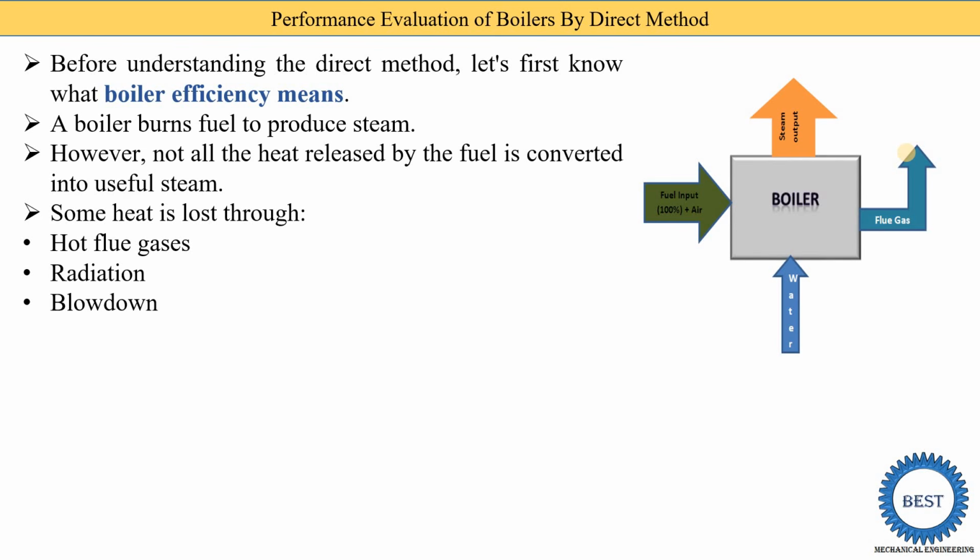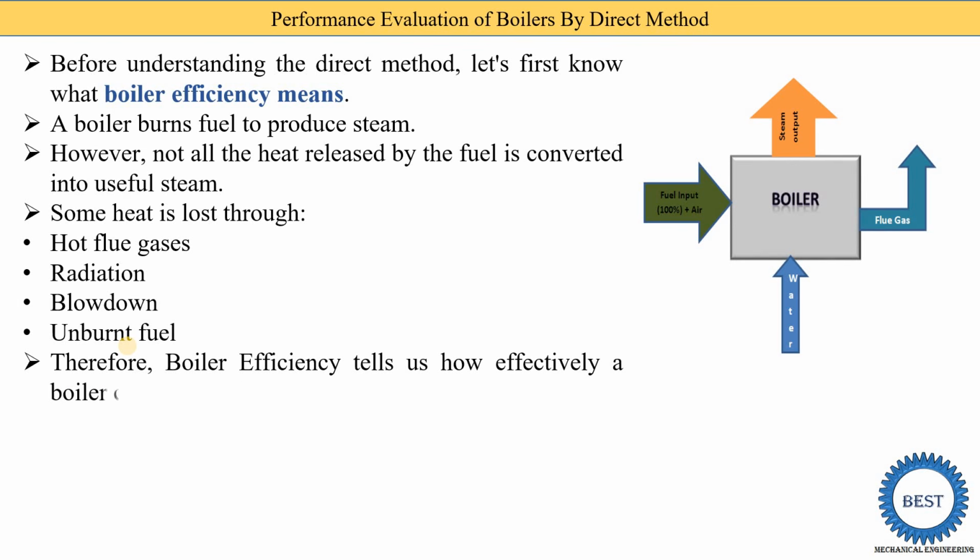Some is lost due to radiation, some through blow down, and some goes out in unburnt fuel. These factors are considered in the indirect method of performance evaluation of boiler. In that video we will discuss all these topics in detail.